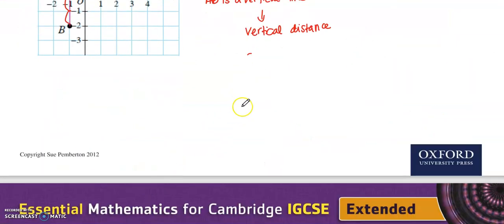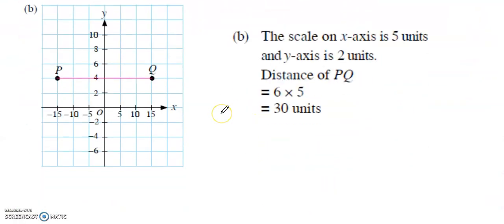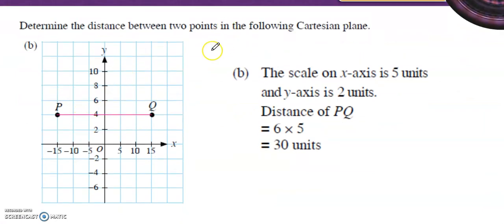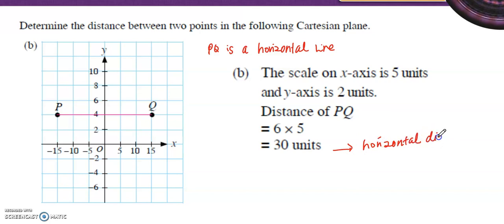We go to the part of horizontal distance. You can see here PQ is a horizontal line. So we want to calculate the horizontal distance. Now the scale on the x-axis is 5 units. So kita calculate dulu berapa bilangan kotak ni daripada P kepada Q. So we have 1, 2, 3, 4, 5, 6. So 6 boxes here. And then we look at the scale.